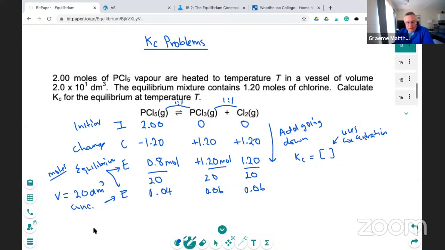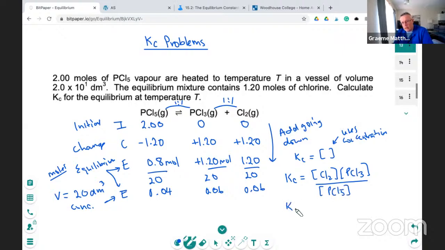Kc is equal to the concentration of Cl2 times the concentration of PCl3, products raised to the appropriate power, the stoichiometric coefficient in front of the species, over PCl5.